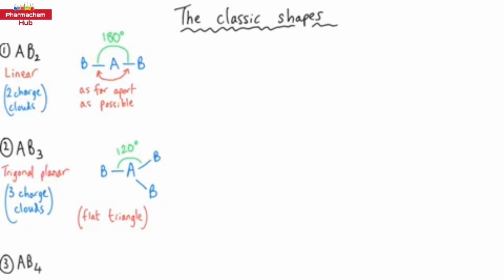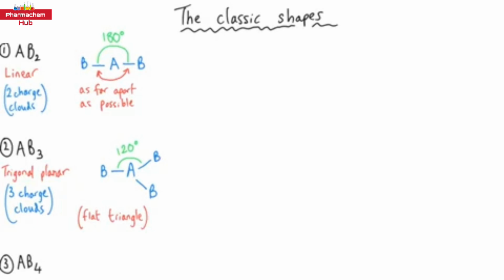The third one, though, does start to need it, and this is when we've got 4 pairs of electrons and we've got 4 atoms bonded to a central atom. And we would be forgiven for thinking it would be 90 degrees, because 360 divided by 4 is 90 degrees. That's how far apart they could get in 2-dimensional space.